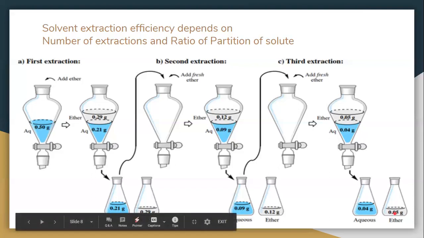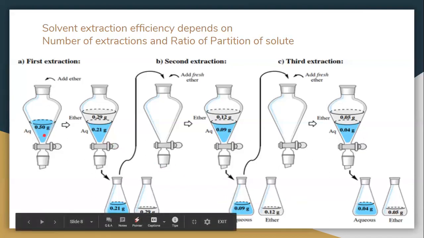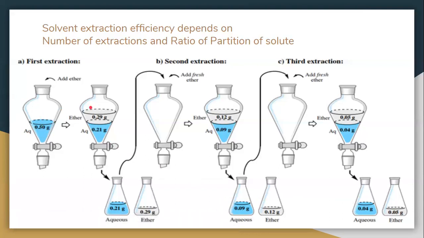Here you need to remember one thing: 100% of the solute cannot be extracted from aqueous to organic. Even if you repeat the extraction n times, you cannot extract 100% of the solute from the aqueous solution.